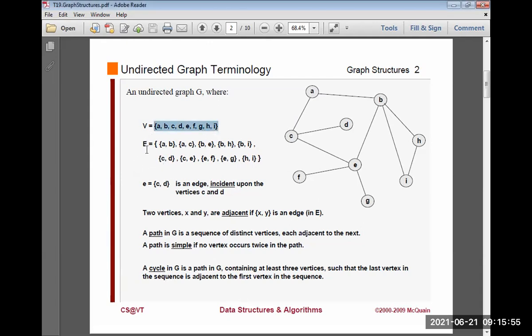For example, E equals edges: A to B is there, and A to C is there, and then we move to B. B to E is there, B to I is there, B to H is there. Just write in alphabetical order, and then consider C: C to D, and C to E, and A to C is also there. So you cannot write A to C and C to A as different edges; just write only this one.